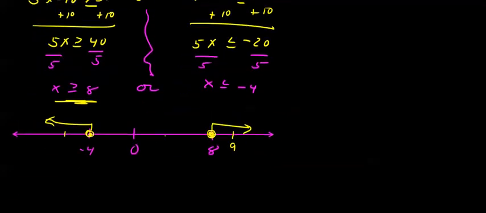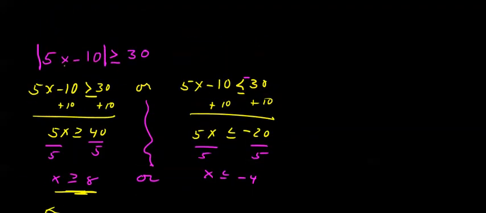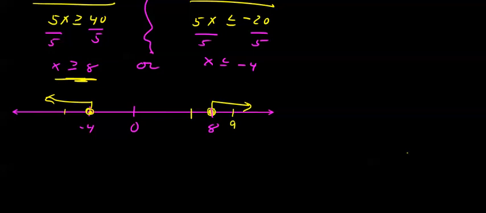But if I was to take a number like 7, right next to 8, 7 times 5 is 35, minus 10 is 25. Not going to work. So you can check to make sure you have the right answers, but we do.